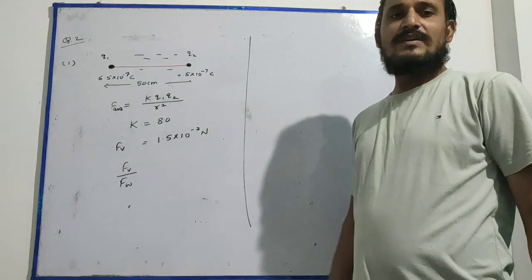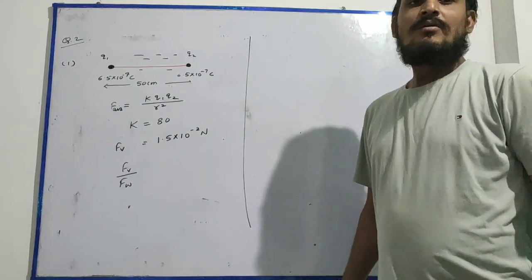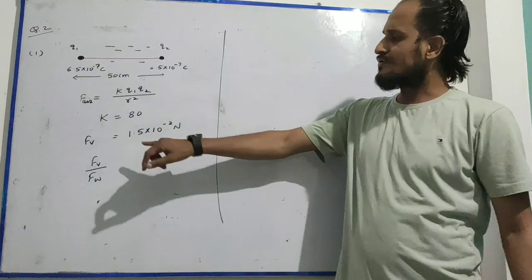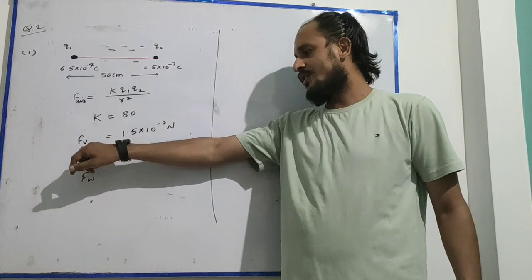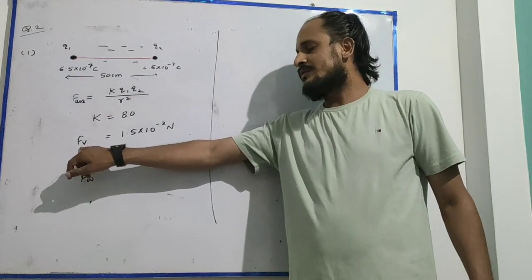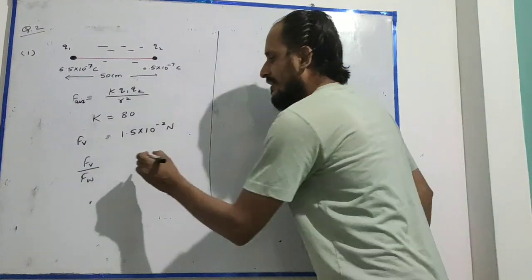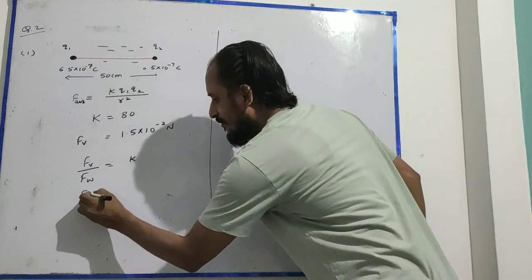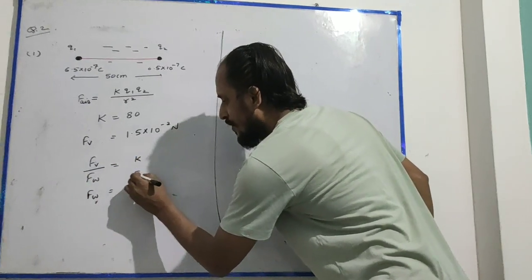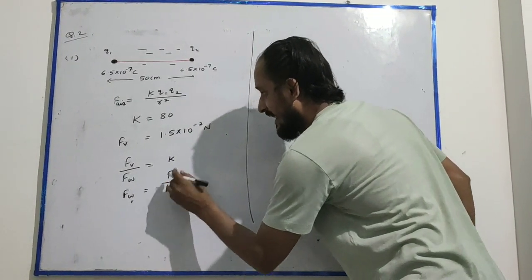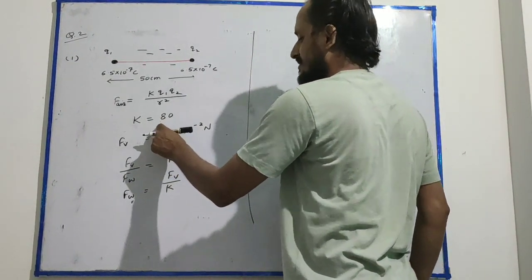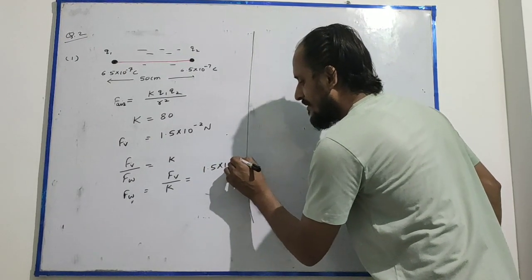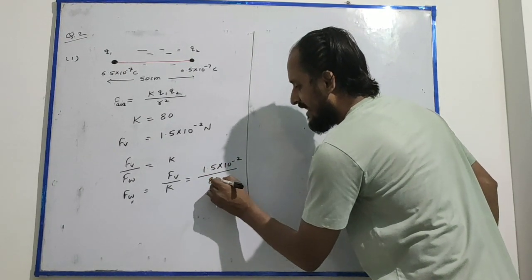Dielectric constant of air is 1.00054, while that of vacuum is 1. Both are similar, so instead of air you can put vacuum. This is equal to K. So force in water is equal to force in vacuum divided by K. Remember, K is the dielectric constant. Force in vacuum is 1.5 into 10 to the power minus 2 divided by 80.